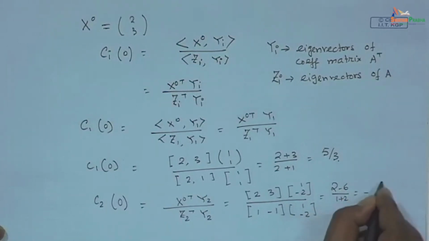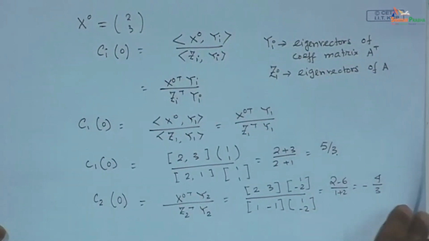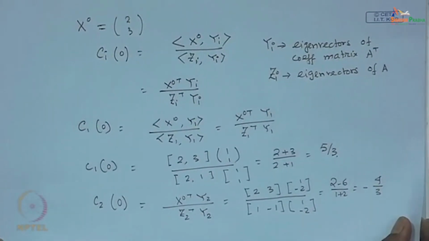So, it will be minus 4 by 3. So, we were able to estimate the coefficients C 1 and C 2, and then we have solved almost everything, and all the quantities are known to you.